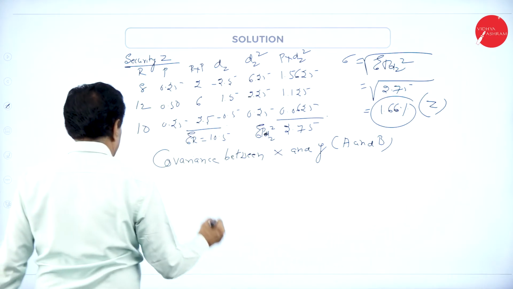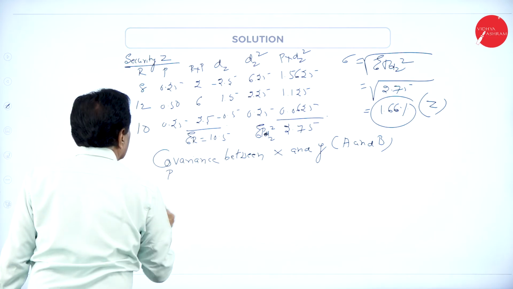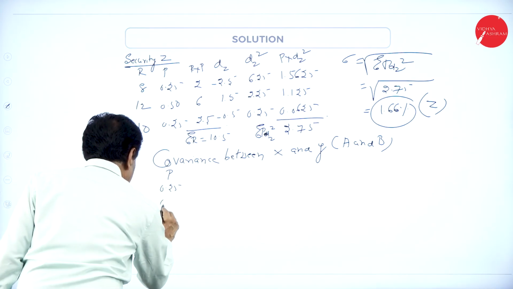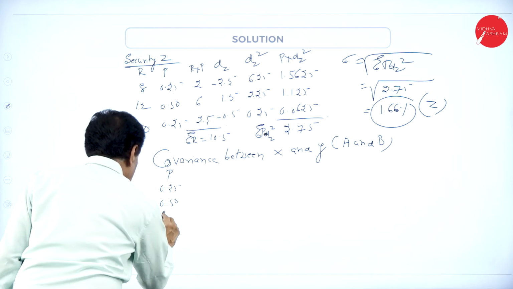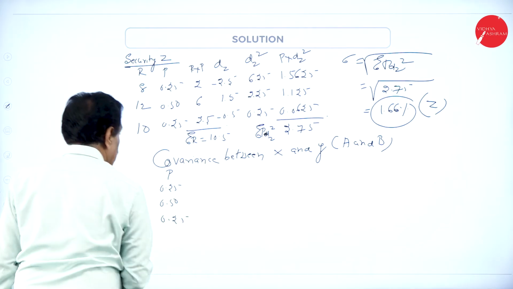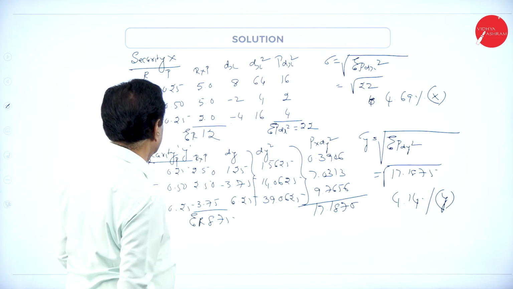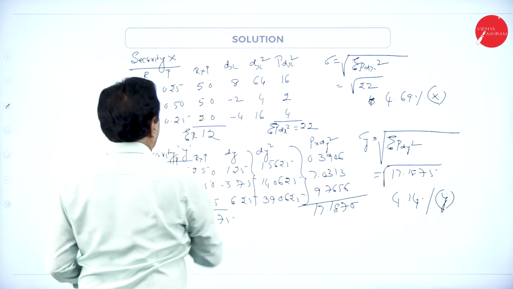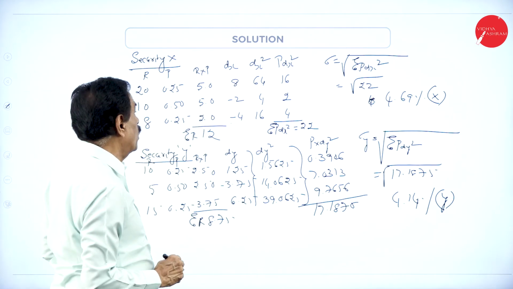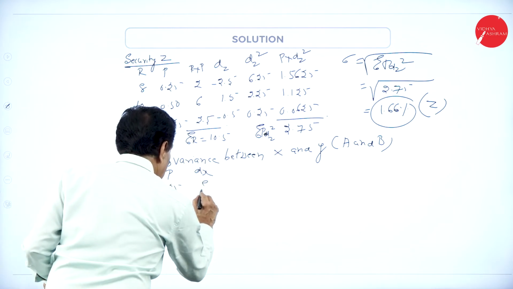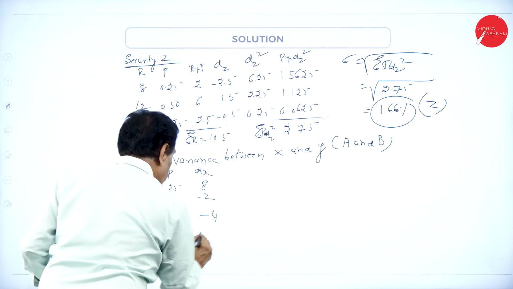Covariance: first, probability 0.25, 0.50, 0.25. Deviation of x: 8 minus 2 minus 4.